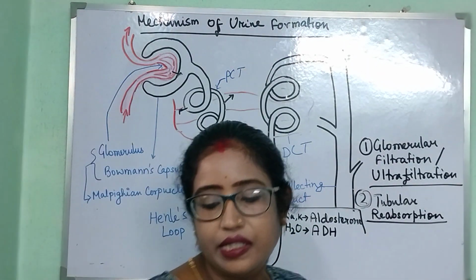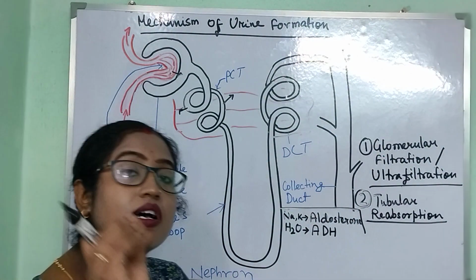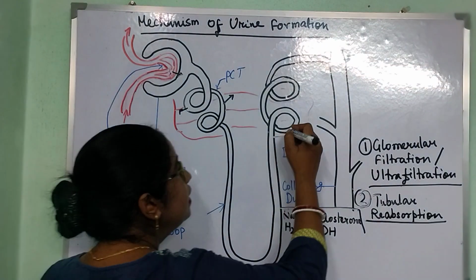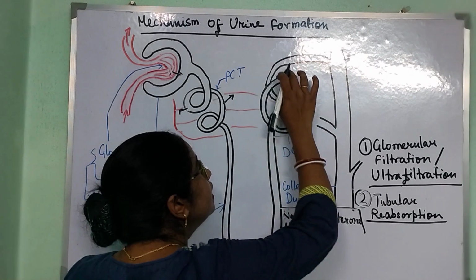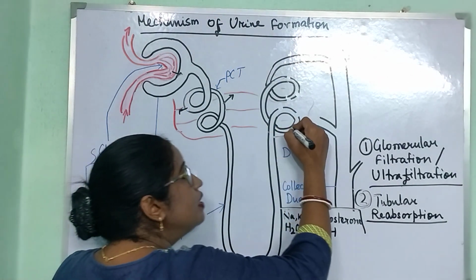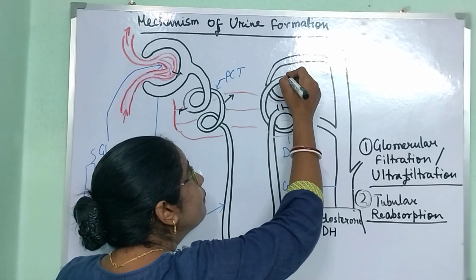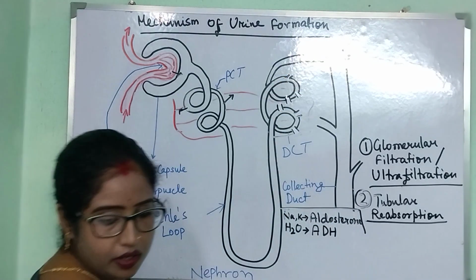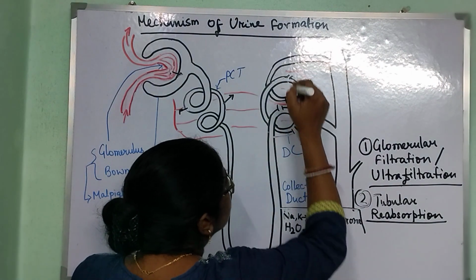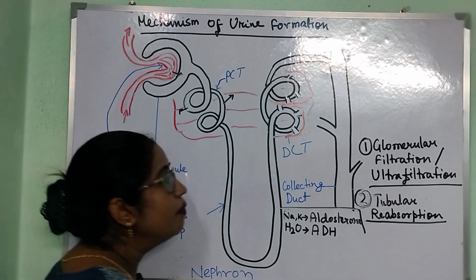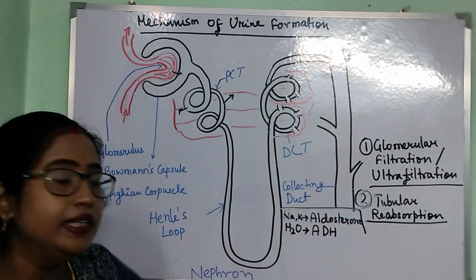What actually happens is that ADH and the aldosterone hormone act as a key. There are multiple doors, or multiple gaps, present in the DCT, and the blood vessels lie in this portion, the outer part, just exterior to the DCT.